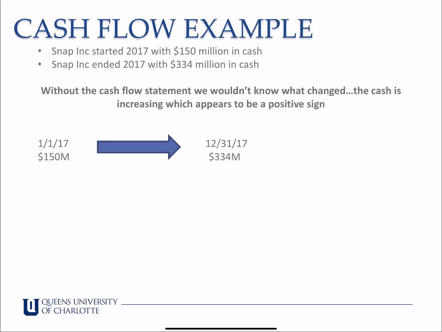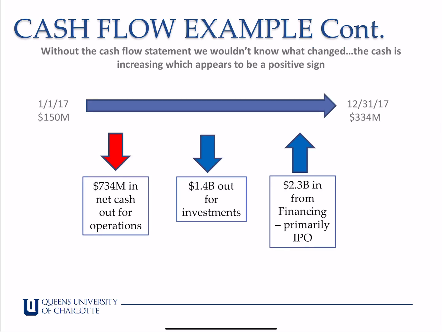But when we look at the statement of cash flow, the statement of cash flow is going to tell us how they got from $150 million in cash to $334. How it actually happened is they had $734 million go out in net operations. What that means is when the advertisers paid them and then they paid for their expenses, they actually spent $734 million more than they brought in.